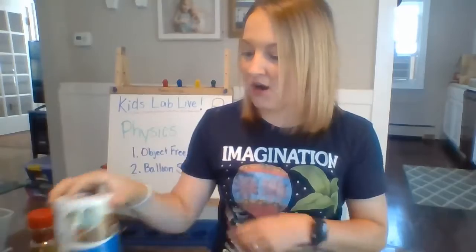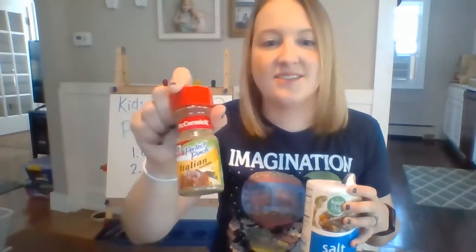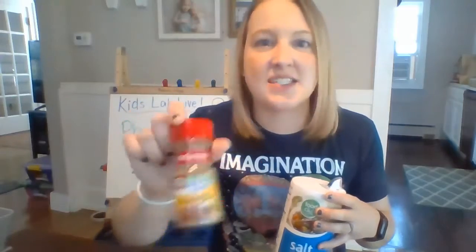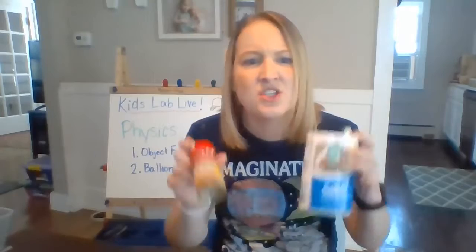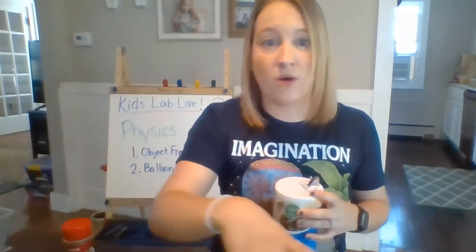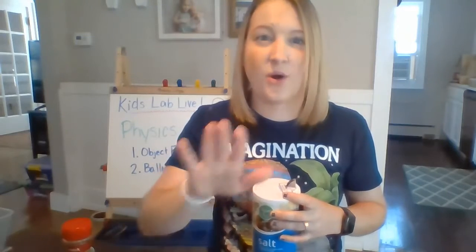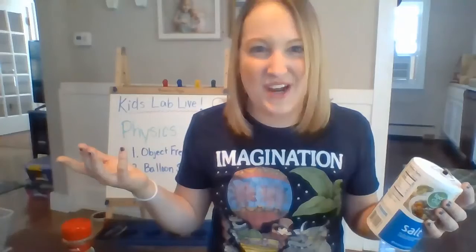The objects that we're going to put on our piece of paper today are salt or sugar and Italian seasoning, or any kind of seasoning that you might have in your spice cabinet. What do you think will happen to these objects on our paper if we hold the balloon over the top of it? Go ahead and pause your video to write your prediction down now, and then we'll get started with our experiment.